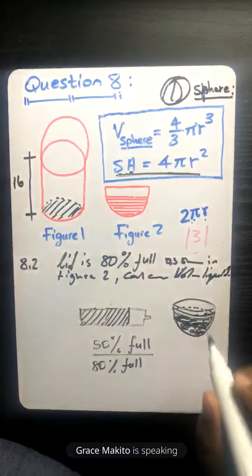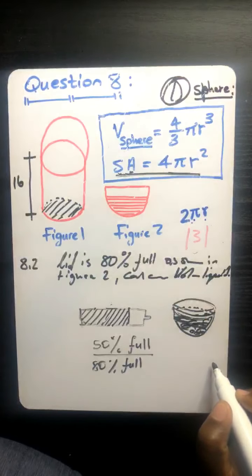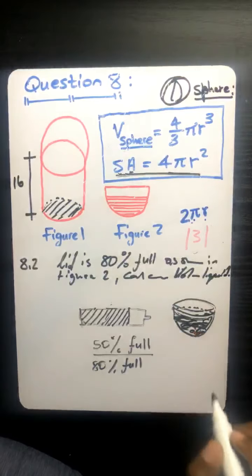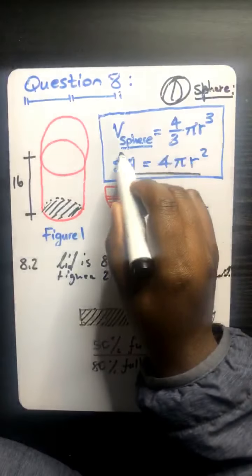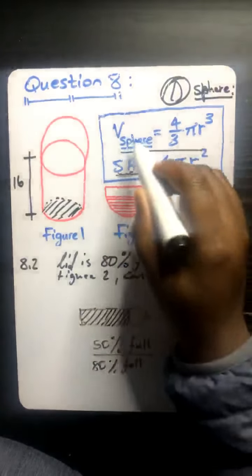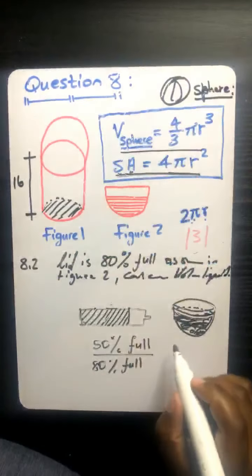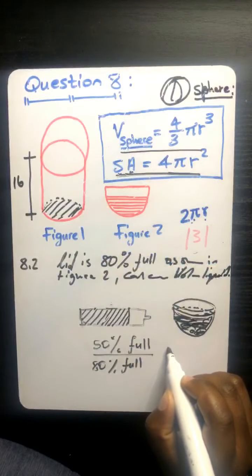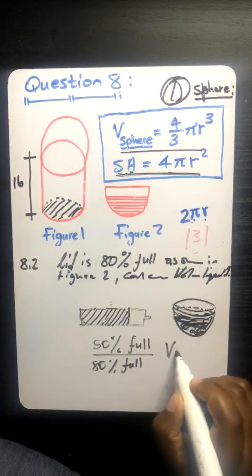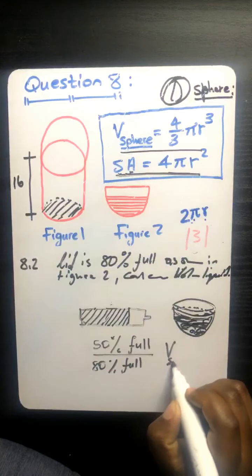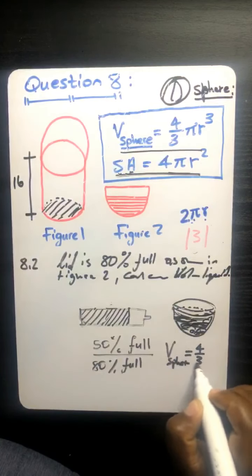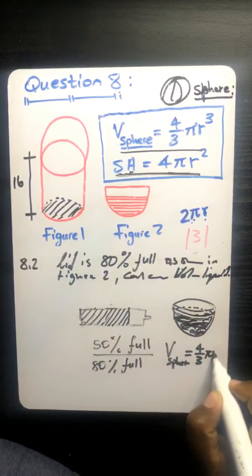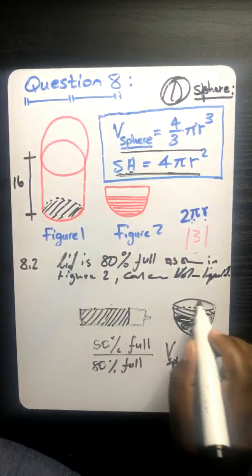Okay. So now, if this thing is 100% full, this is the formula that we are given. Remember, the volume of a sphere is equal to 4/3 pi r cubed. Is this a sphere?